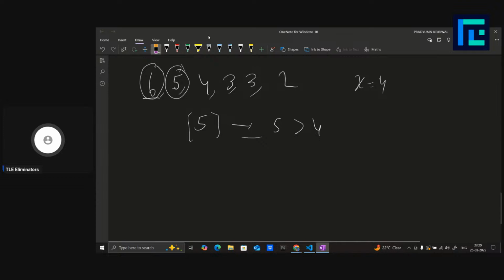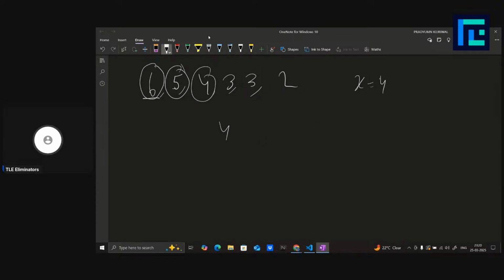Then again, this 4 has a skill of 4, so greater than or equal to x. So we can keep 4 as a single team. Then we have 3. 3 is not greater than or equal to 4, so we would have to take another element.